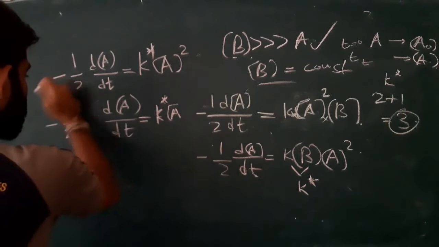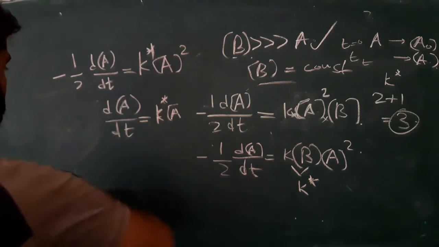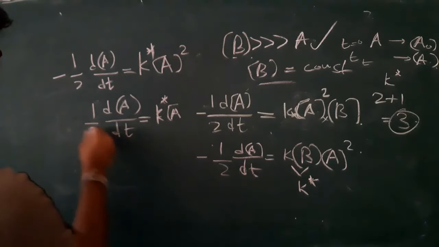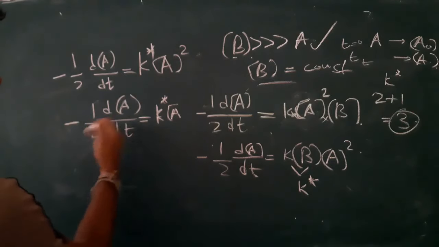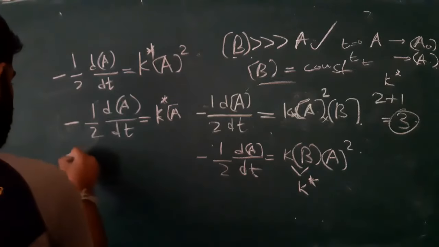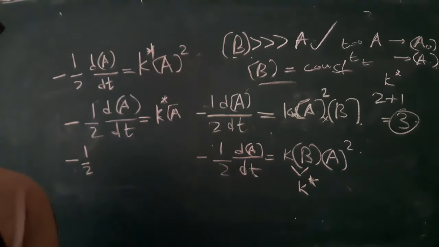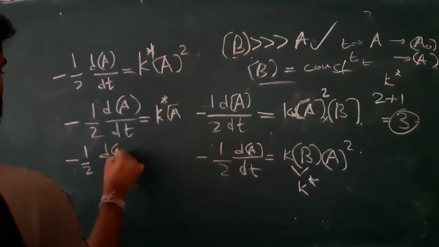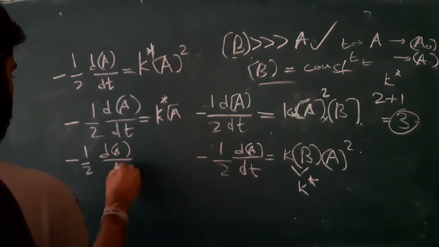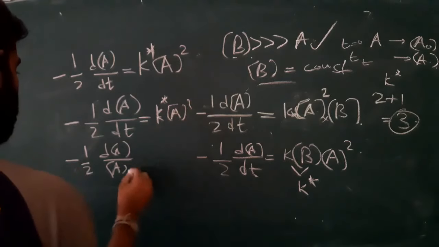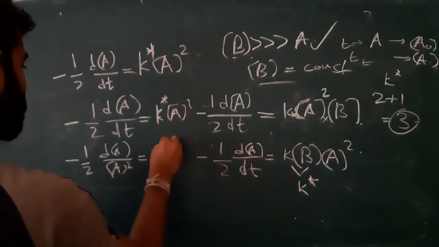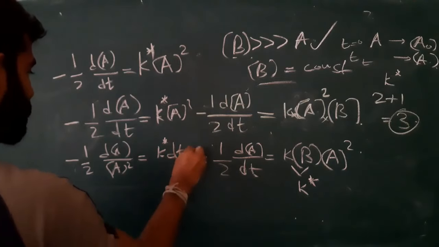Before integration we have to rearrange the equation. How? Concentration terms will come to the left side and other terms should go to the other side. So minus half dA over A squared equals k star dt.